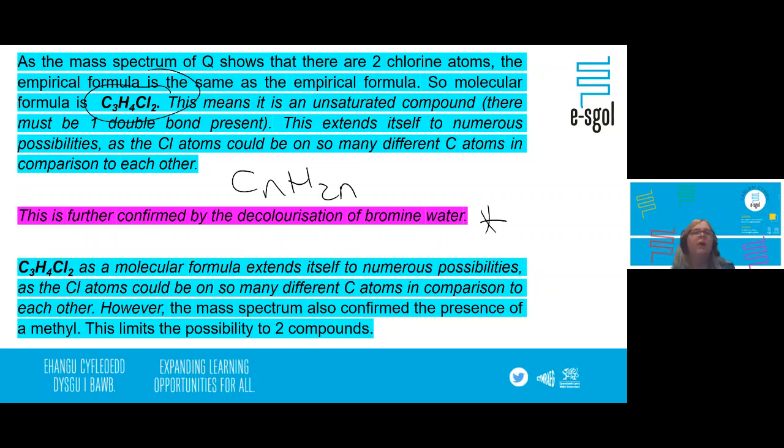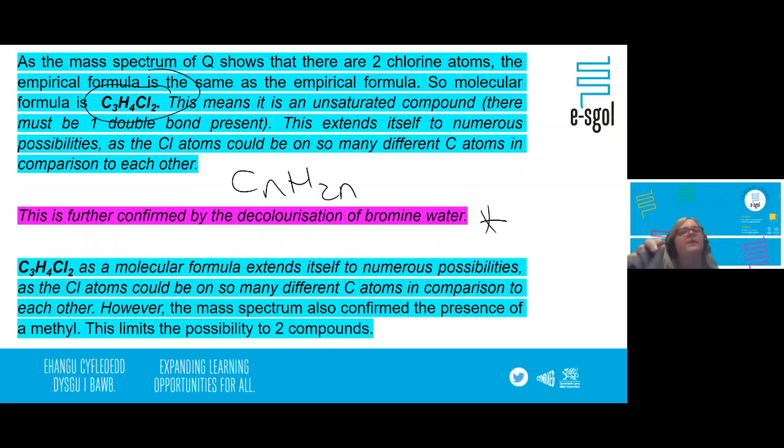So the molecular formula extends itself to lots of possibilities, but the mass spectra also told you that there was a methyl. As soon as you take a methyl off the formula C3H4Cl2, you're down to only 2 possibilities.